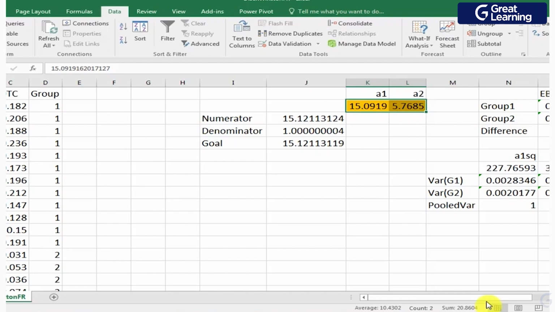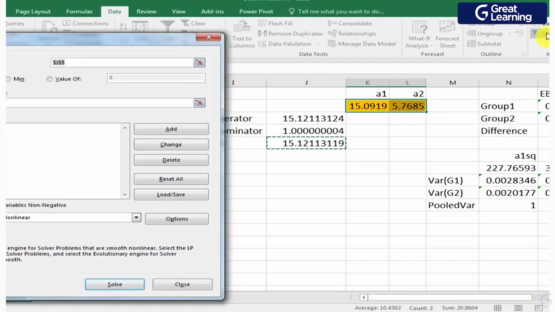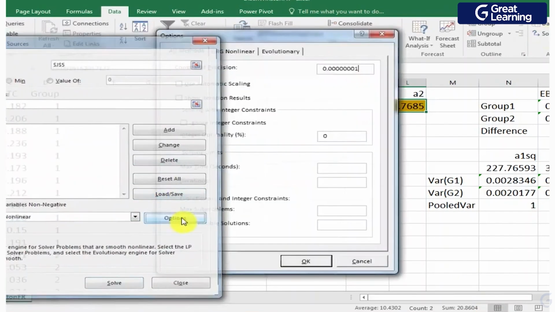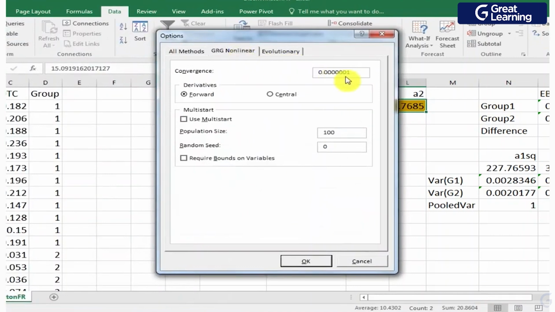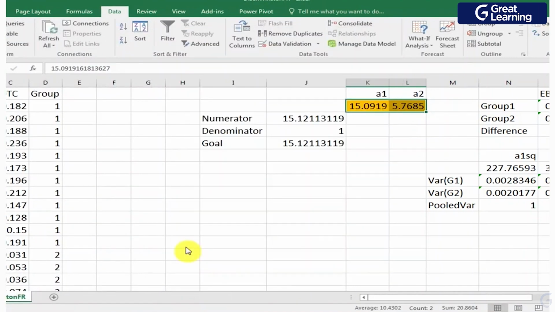Check all these formulas. Denominator is almost 1.00000004. Suppose you put some more zeros, it will come. If you want, I can do that for you. Solver and options, you go. The formula: see, first of all, check that A1 squared, A2 squared, A3 squared, that part, have you put an actual formula in the cell or simply written 112?